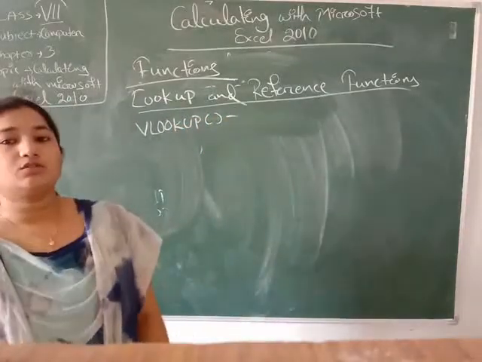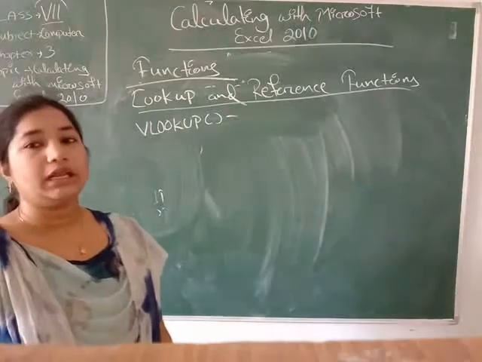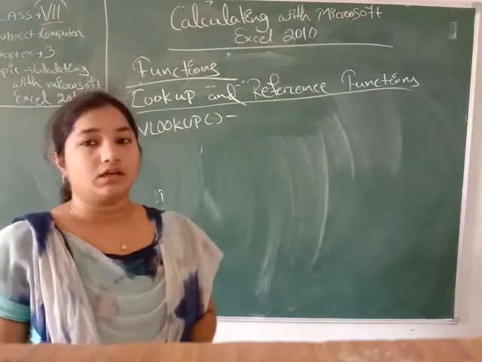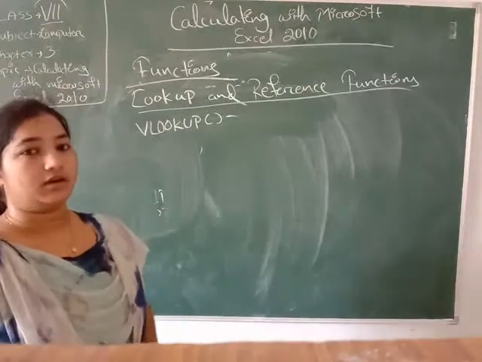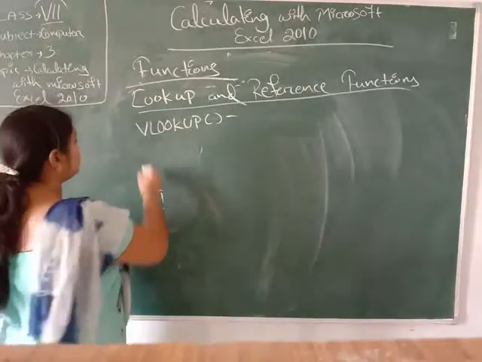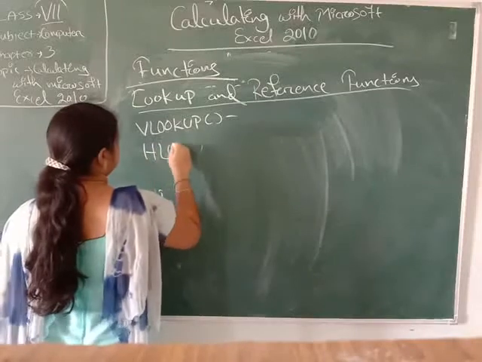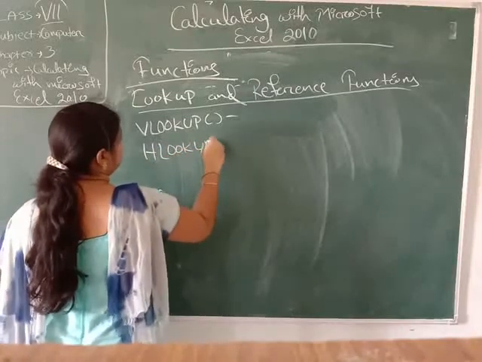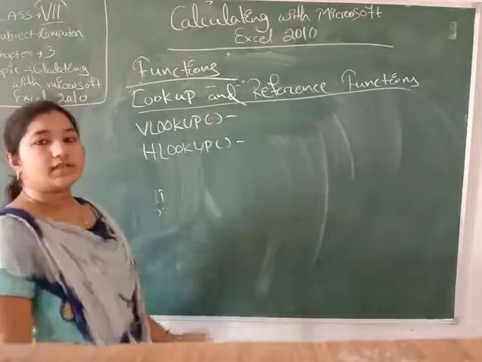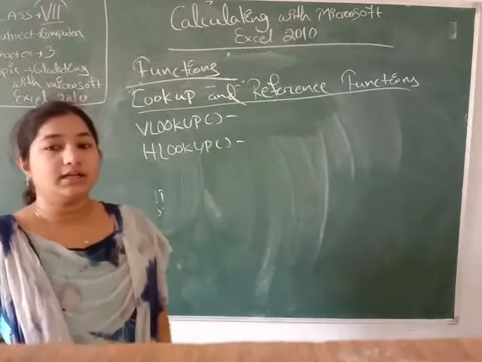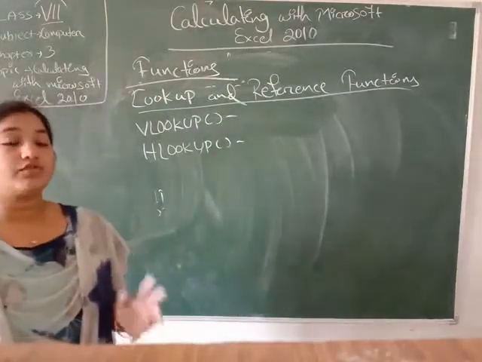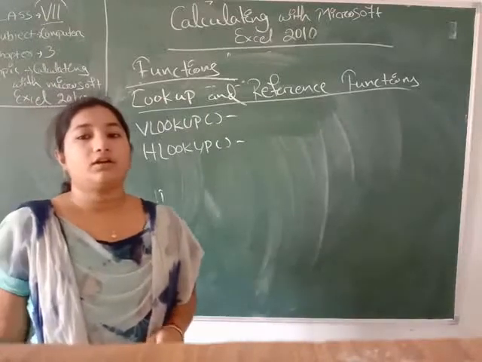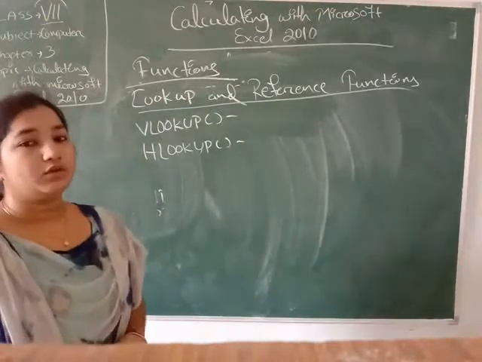It looks vertically down a list to find a record and returns information related to that record. The next one is HLOOKUP. This HLOOKUP looks horizontally across a list to find a record and returns information related to that record.